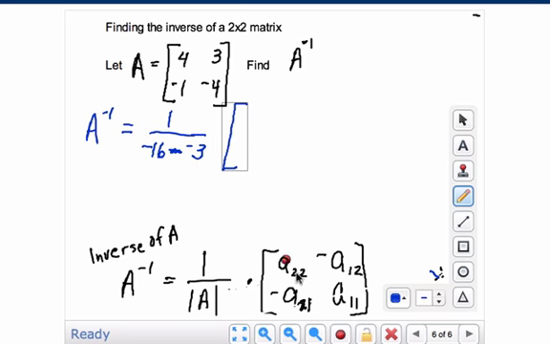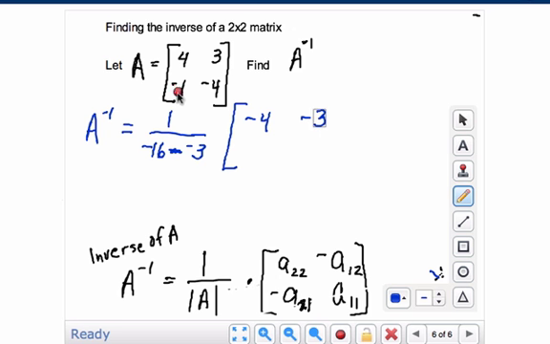And so it says to take the value at row 2, column 2. Row 2, column 2 value is a -4. We put it there. Okay, and then in this position we're going to take the opposite of row 1, column 2. Row 1, column 2. So that's a 3. We're going to take the opposite of that, so that's a -3.